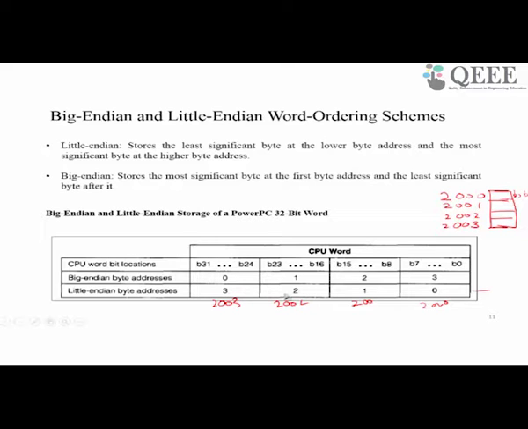If this is how it is packed, it is called the Little Endian way of packing: the lowest significant byte is stored at the lower address.